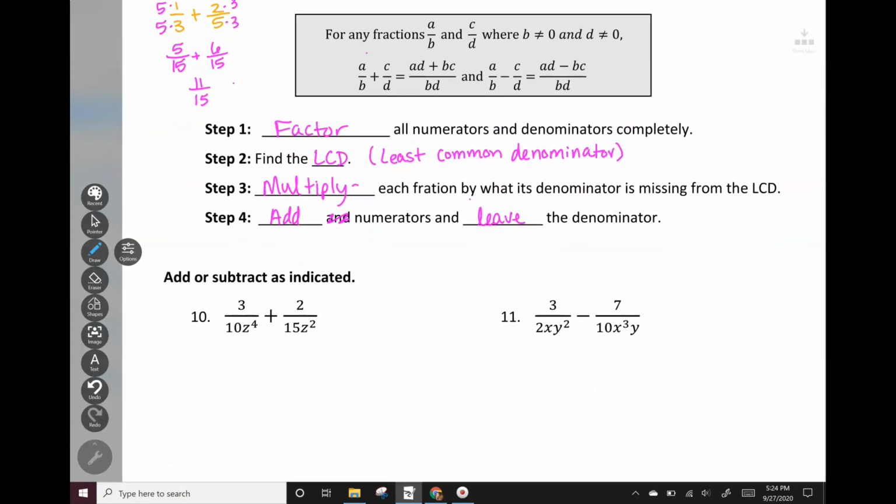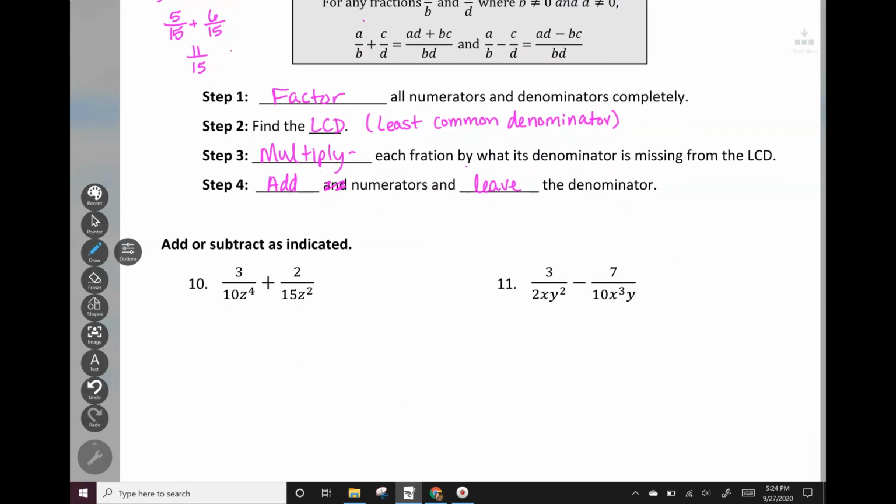So for number 10, we've got 3 over 10z to the 4th plus 2 over 15z squared. So in this first denominator, you could factor that if you want. That's 2 times 5, z to the 4th. This one is 3 times 5, z squared. So if you look at the numbers and think, what is this one missing that this second one has?